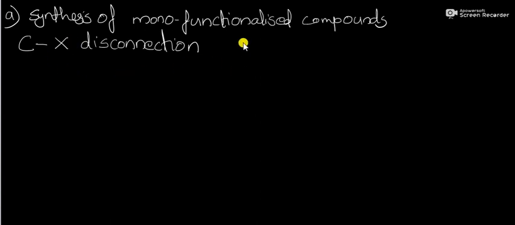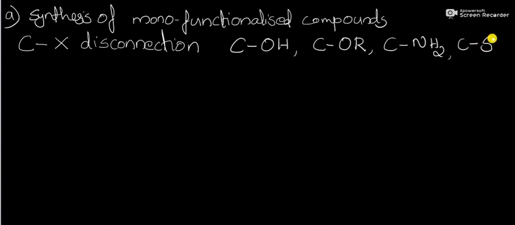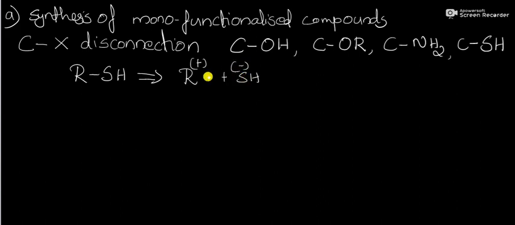Here CX may be COH or COR or CNH2 or CSH, etc. All these are carbon to heteroatom disconnections. In the case of RSH, how can you disconnect? We get two synthons, one is R plus and another one is SH minus.